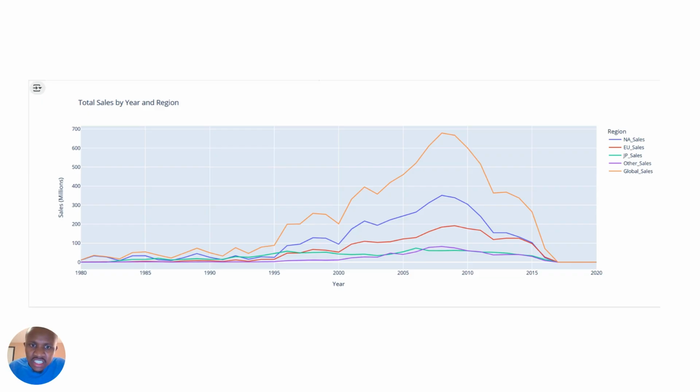The sales are also high, and we realized that sales went up from 2000 all the way to around 2009, 2008, around there. And that was almost a peak of sales of video games.